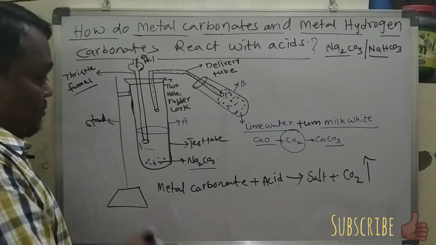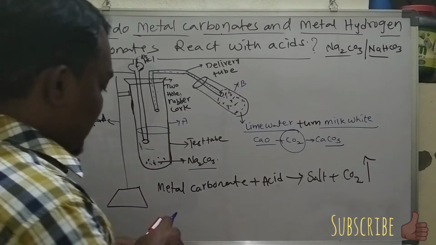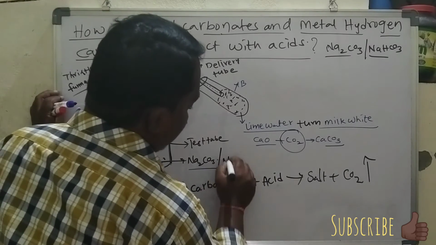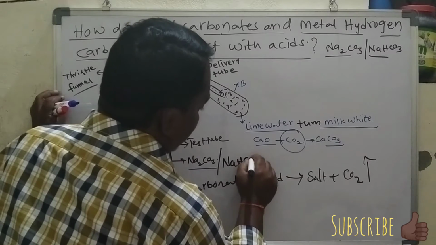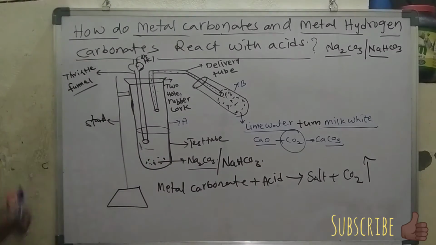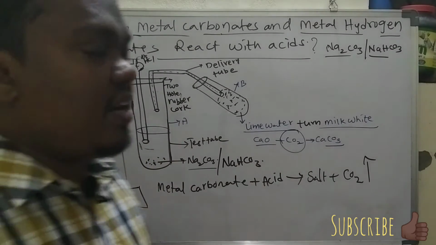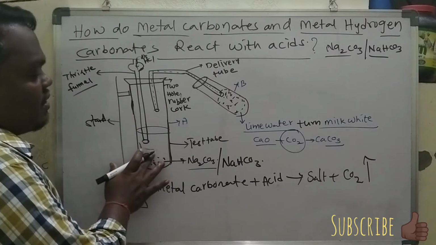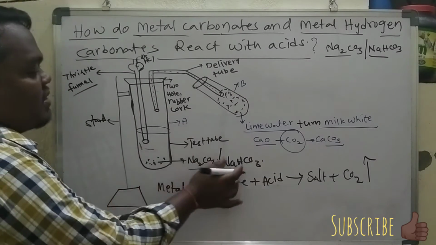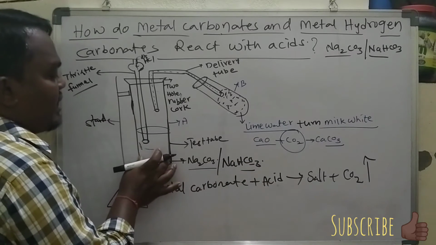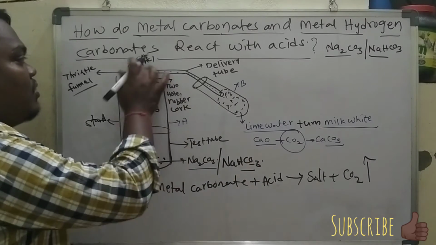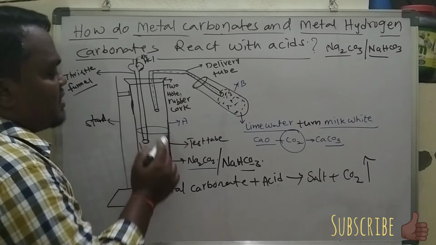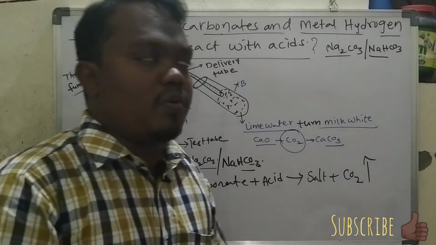Okay, now instead of sodium carbonate, I am going to take sodium bicarbonate. Here we also observe the same reaction when we take a metal bicarbonate, that is sodium bicarbonate. I take it into the test tube and add dilute HCl to it, and a reaction takes place between the sodium bicarbonate and HCl.